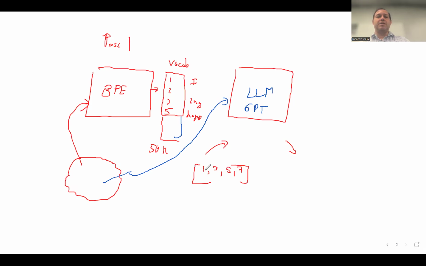But the LLM needs these IDs, right? But what we have is text. So we have to use this vocabulary to take this text and convert it into the IDs that will go in. Do you guys understand? Does that make sense for everyone? Yeah? All right, perfect.